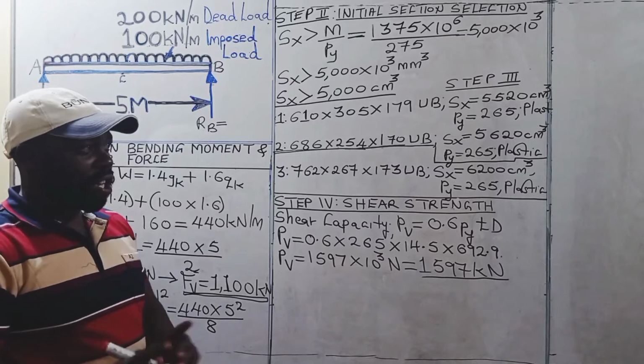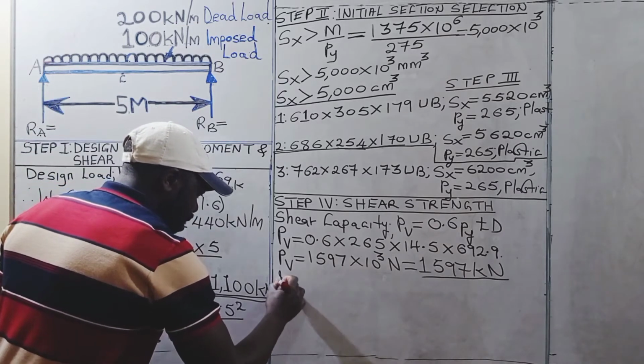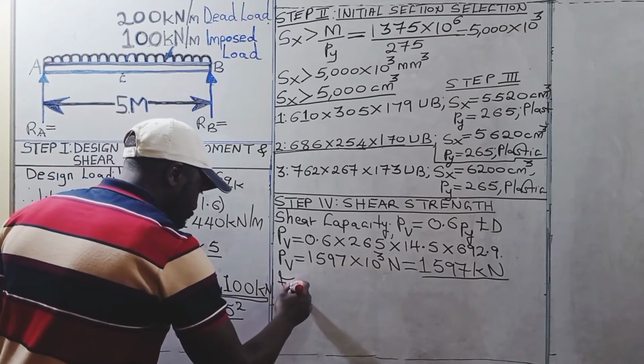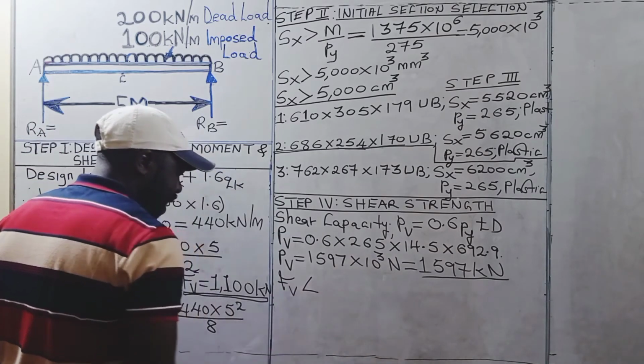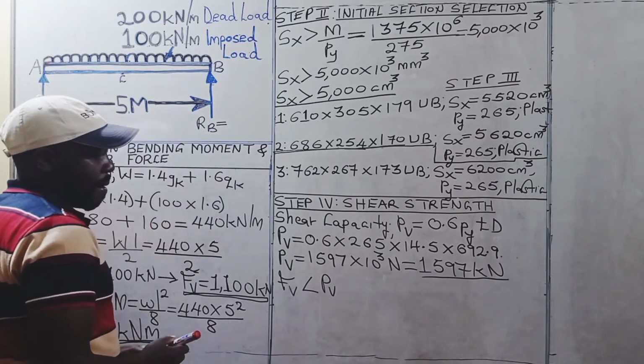And we know with comparison, the shear force, that is FV, should be less than the shear capacity, that is PV.